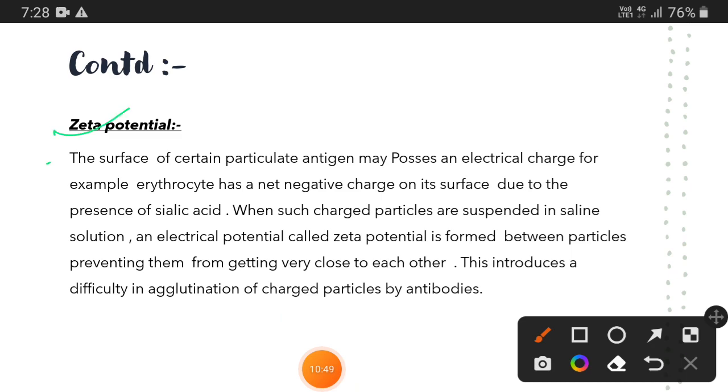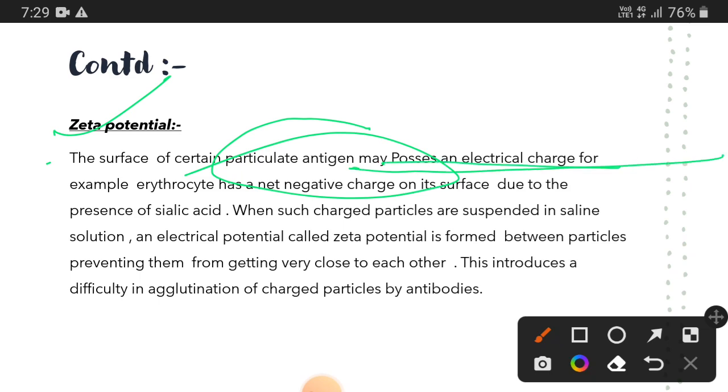Later we have discussed about the zeta potential. So in case of zeta potential, certain particulate antigen may possess an electrical charge on the surface. For example, erythrocyte has a net negative charge on the surface due to the presence of sialic acid.